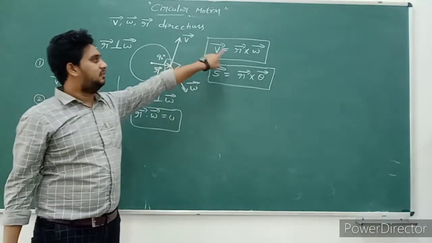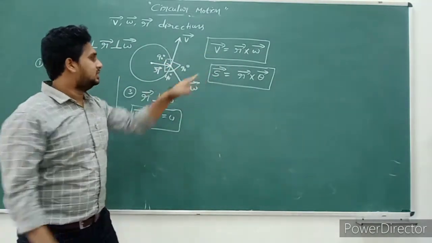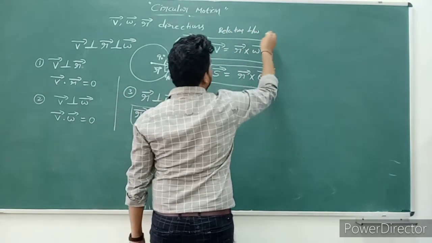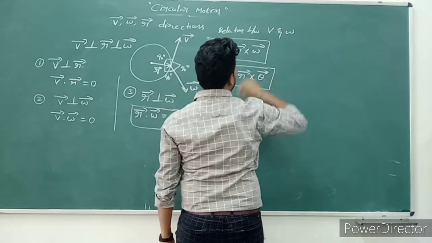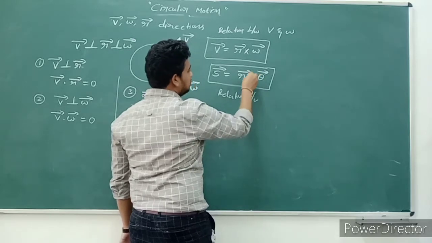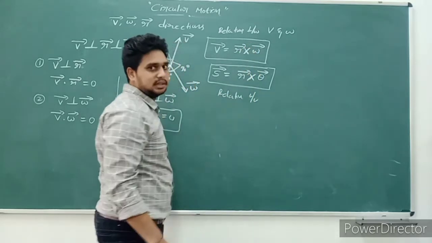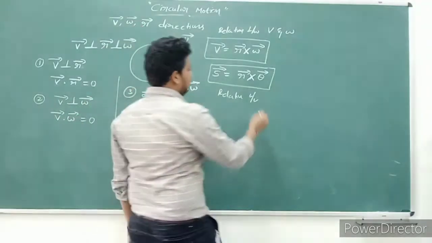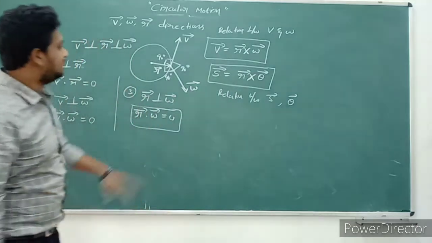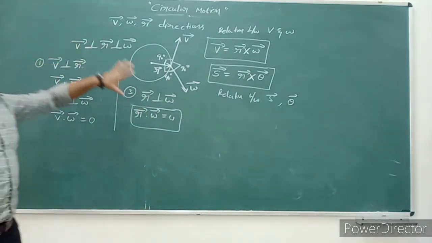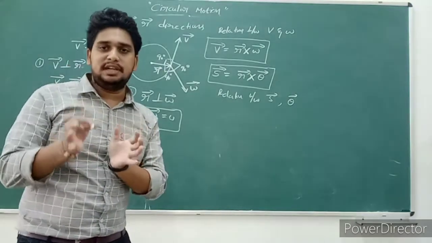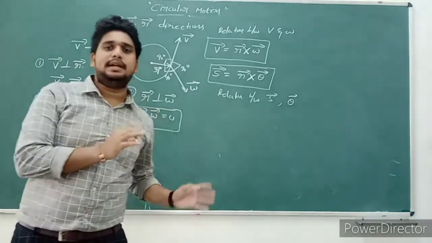This is the relation between linear velocity and angular velocity, a cross product, and S bar is the relation between linear displacement and angular displacement. V, R, omega, the angle between V and R, and the angle between R and omega are all indicated in the diagram.